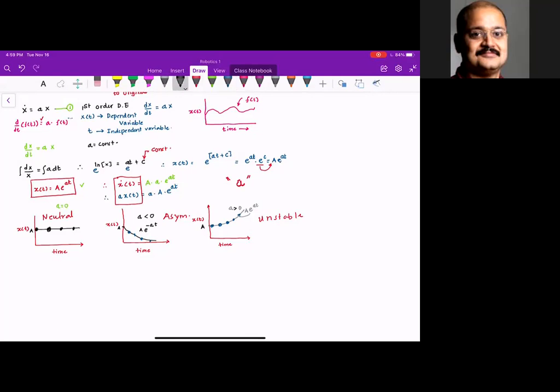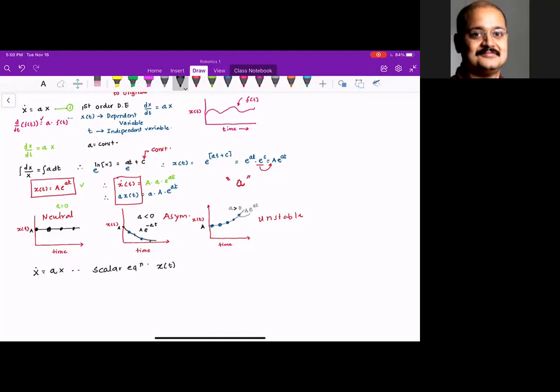I'm going to try to write this equation x dot is equal to ax as a scalar equation. Why is it a scalar equation? Because x(t) is just a single variable. Now I want to write this equation slightly differently, as a vector equation.